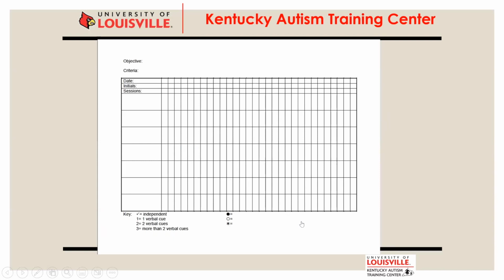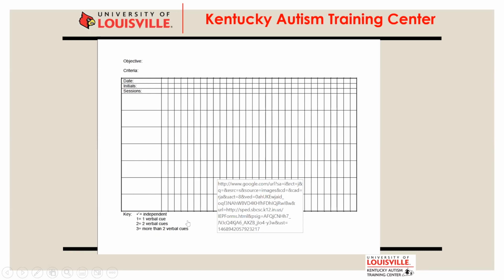Each of these blocks is going to have a different step in the chain of whatever skill I'm teaching. Maybe I'm teaching 2-digit math. Maybe I'm teaching teeth brushing, self-care skills. Maybe I'm teaching cooking. Lots of different activities could be taught through task analysis.